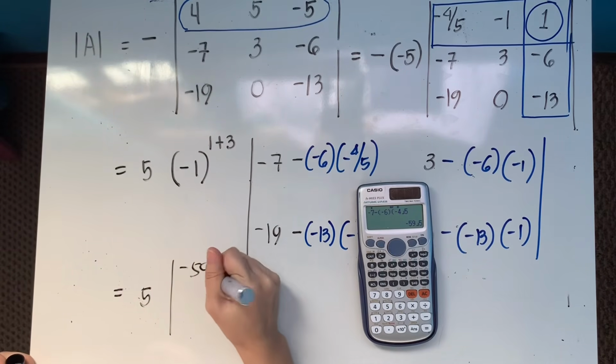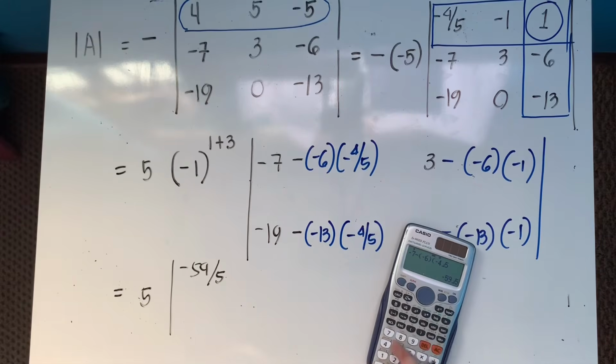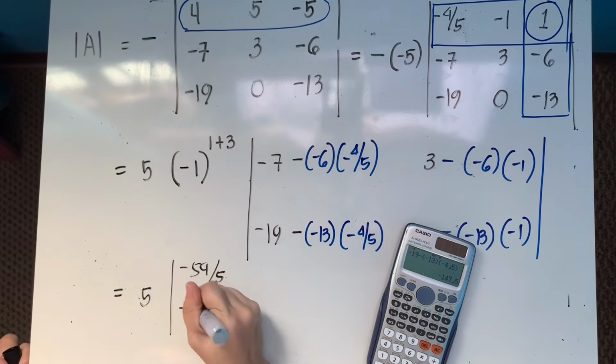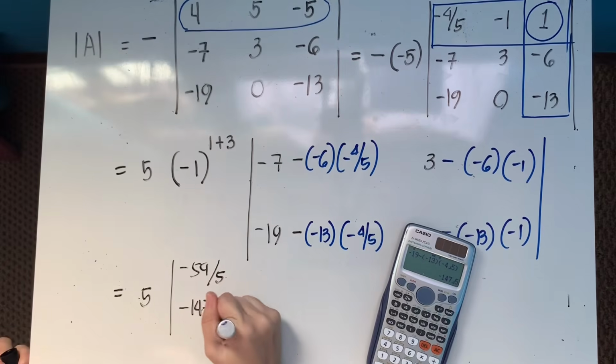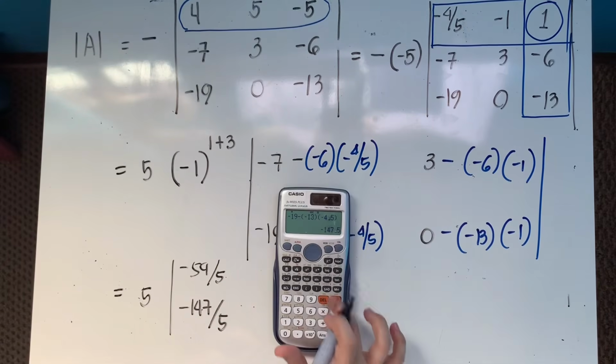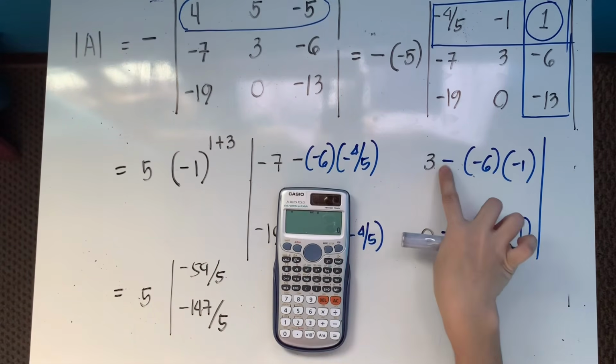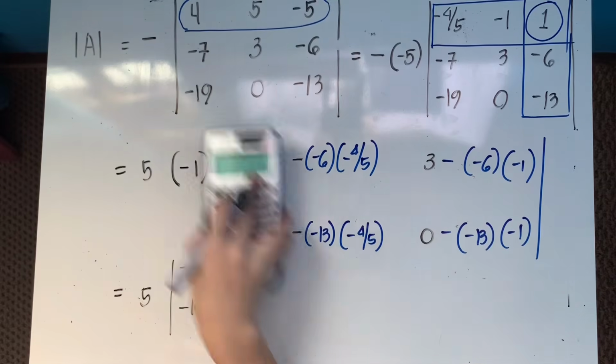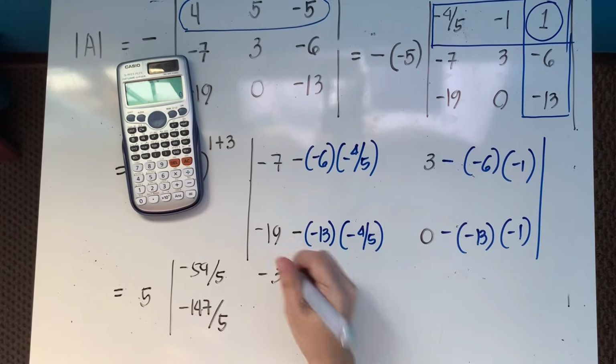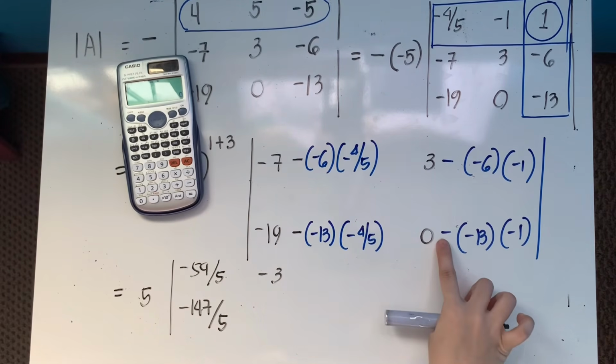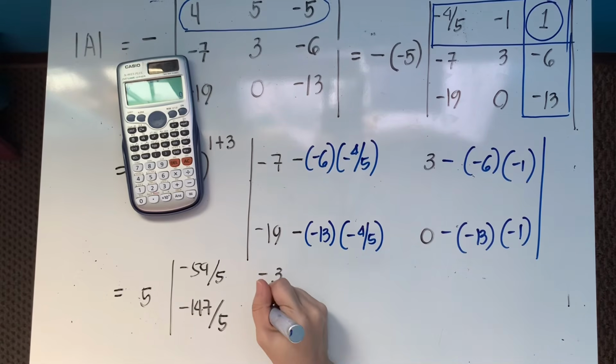Negative 59 over 5. And then we have negative 19 minus negative 13 times negative 4 over 5. That would be negative 147 over 5. For the second columns, we have 3 minus 6. So we have negative 3. And then 0 minus positive 13. So we get negative 13.